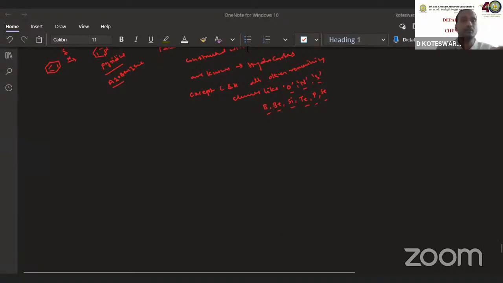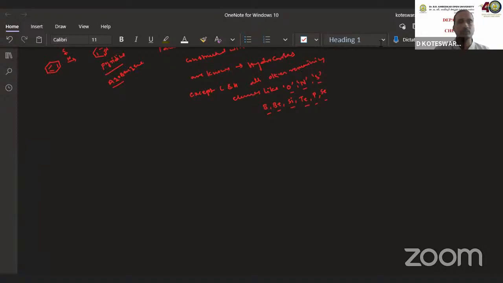Right. Now, in continuation to the previous topic, that is heterocyclic compounds. Previously, we have taken the definition. We already understand the difference between the carbocyclic and the heterocyclic. Right. Now, I'm going to the next topic, that is classification of heterocyclic compounds. First, we will understand the classification.